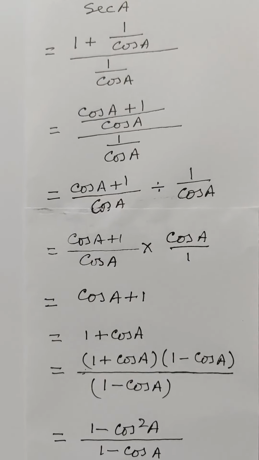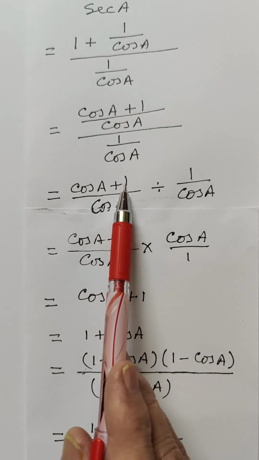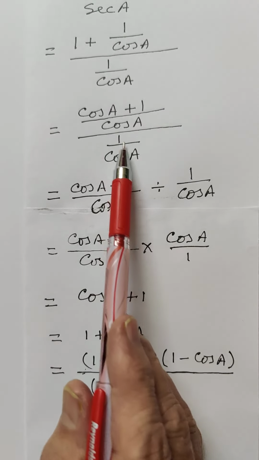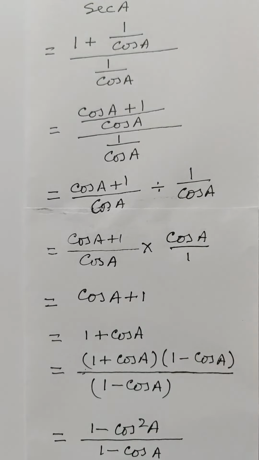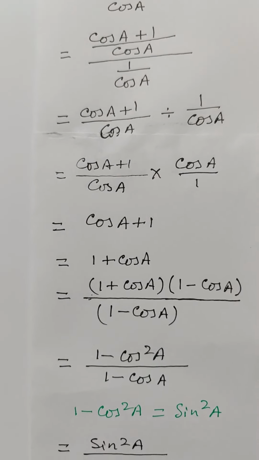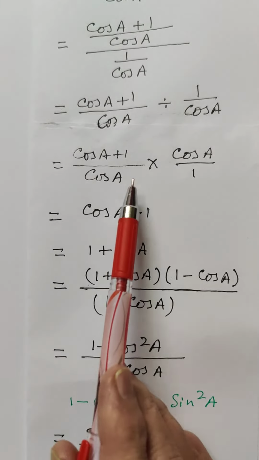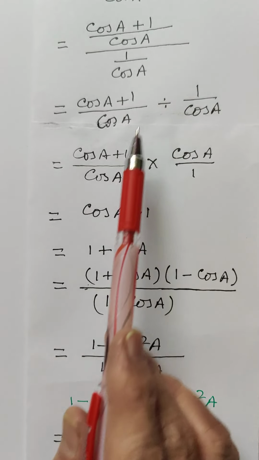In our next step, we shall take (cos A plus 1) upon cos A and divide it by this 1 upon cos A, like this. So we do the reciprocal of 1 upon cos A and place the sign of multiplication instead of this division.